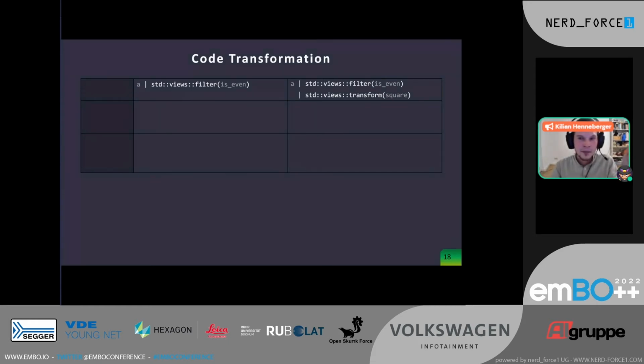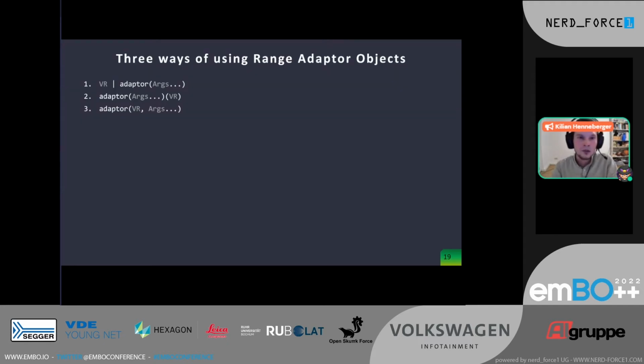The next thing to know about range adapter objects is the 3 different ways we can invoke them. That's just some syntactic sugar. We've seen the way of piping it into an adapter. You can also call the adapter with some arguments like the isEven predicate, and then you again get a callable which you can then call with your container.